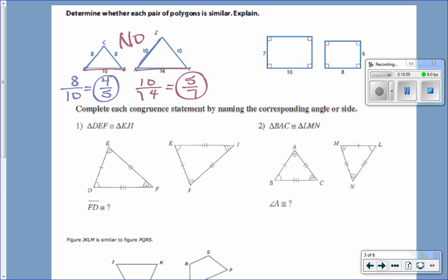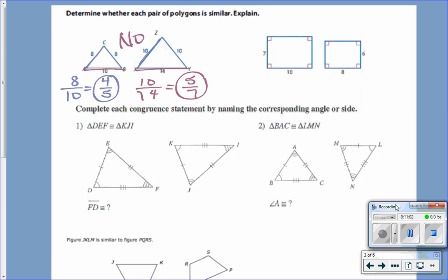So with your table, I want you to see if these 2 rectangles are similar. All right, go for it. Good. 6 corresponds to 7 and 8/10.